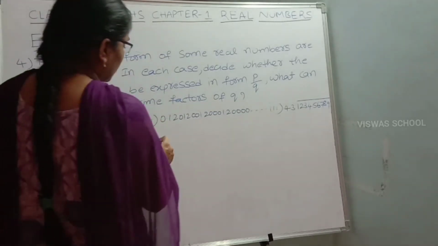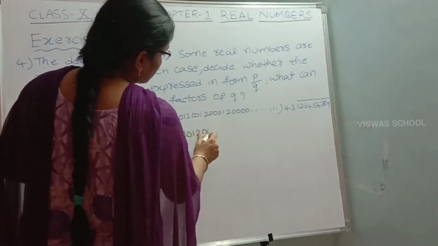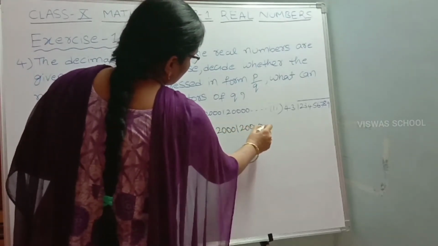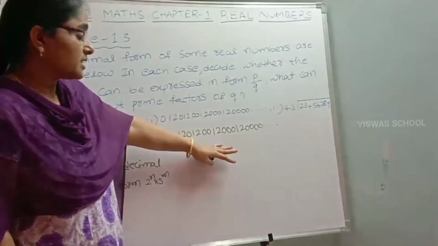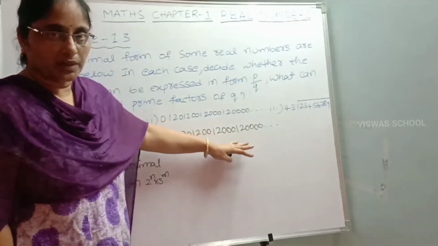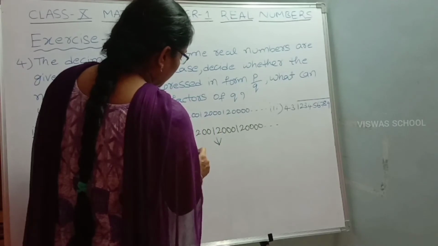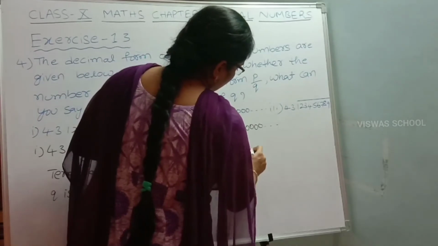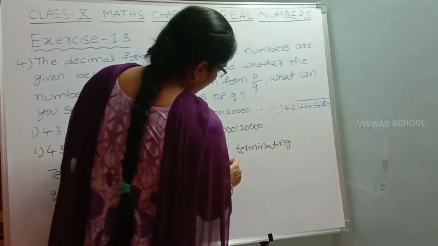Look at the second one also: 0.1201200120001 and so on. By seeing this, what you observe is that this decimal expansion is neither terminating nor repeating.